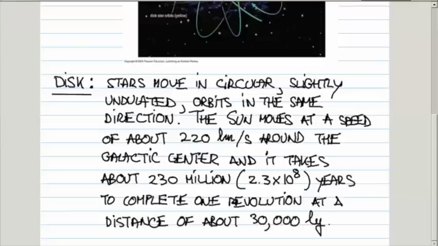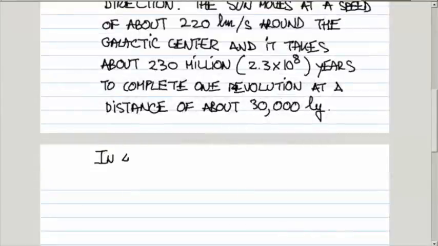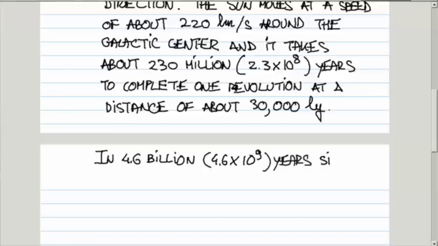And knowing that the sun was formed 4.6 billion years ago, we can calculate how many times it has passed around the galactic center. So that simple calculation: in scientific notation, a billion is 10 to the 9, right? So it's 4.6 times 10 to the 9 years since it was formed.